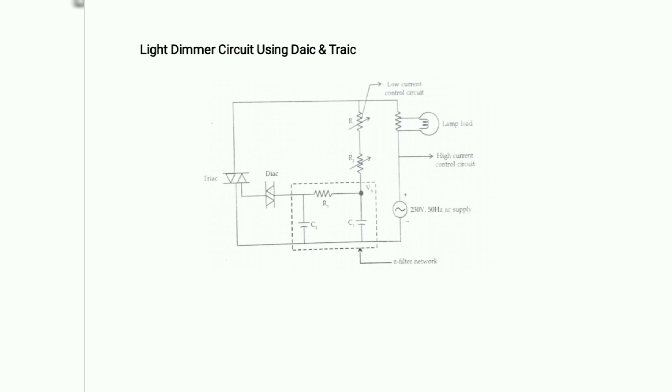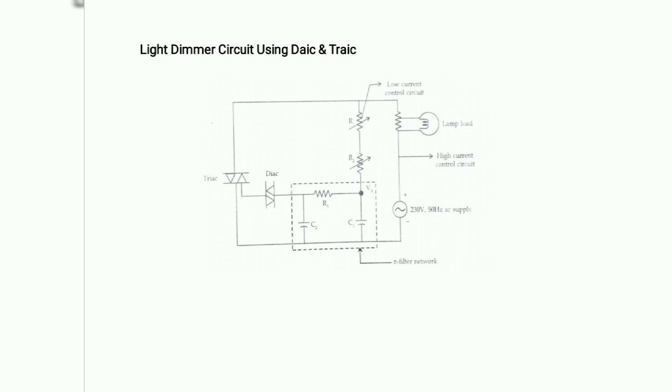During the positive half cycle, the capacitor C1 charges through resistances R1 and R2 to the positive voltage VA. When the voltage VA across C1 exceeds the breakover voltage of the diac, the diac turns on.